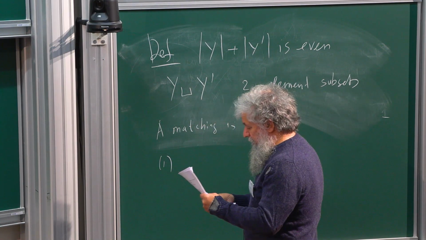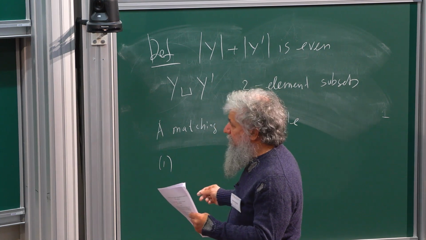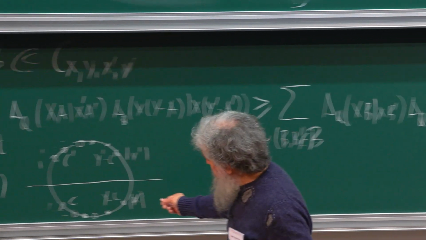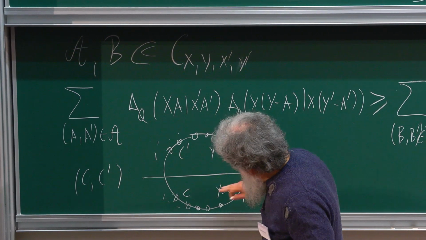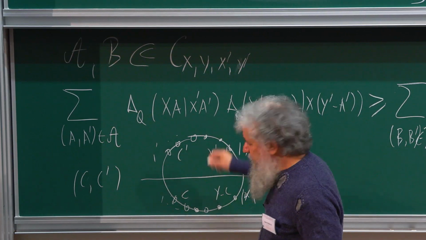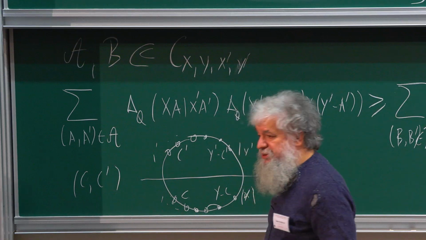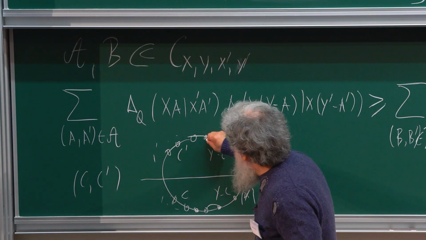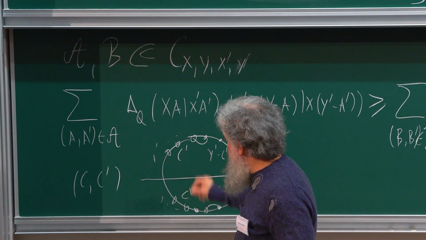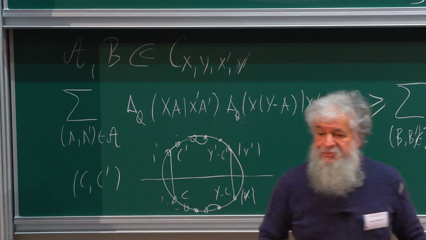Condition 1: if the pair belongs to the same part of the circle, either down or up, then it has to join two vertices of different colors. And if the pair belongs to different parts, then it has to join vertices of the same color.